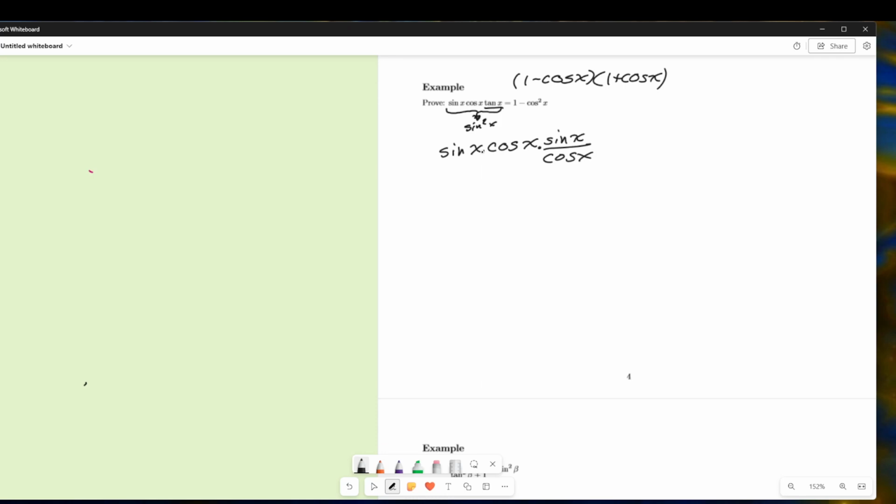And all these things are just multiplied together, so we can cancel those cosines out and get sine x times sine x is sine squared x, which, according to our base Pythagorean identity, is 1 minus cosine squared of x, which is what we were trying to show. So that's not a bad one.